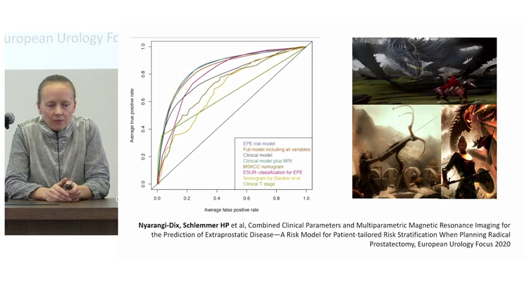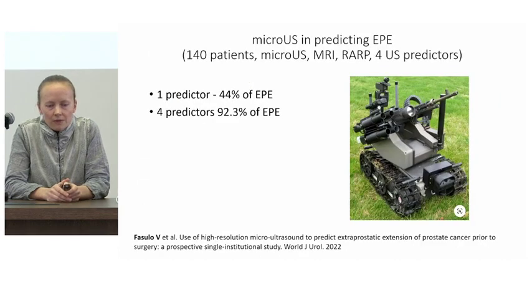The first one: what if the weapons arsenal is not right? What if MRI is not the right tool?